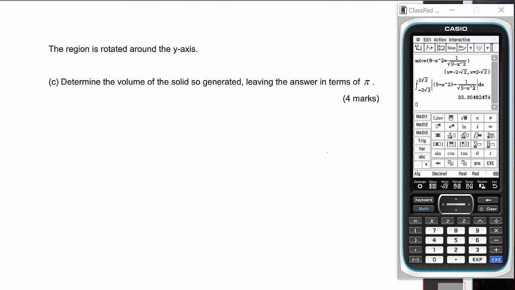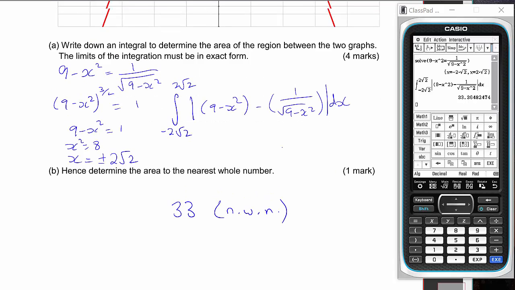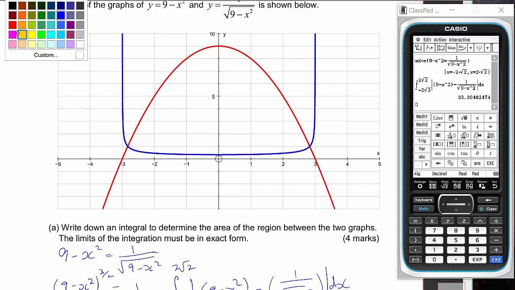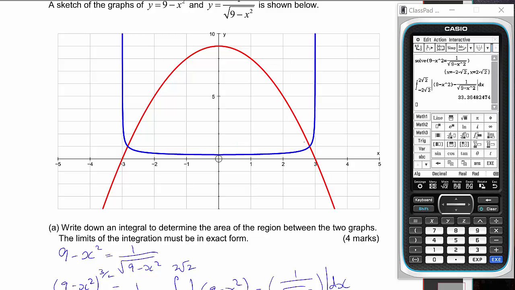So the region's going to be rotated around the y-axis, and we want to give an exact answer for this. Because of the symmetry, we only have to worry about rotating half, so we'll take this side. Going around the y-axis, it's going to be the blue curve from here downwards, and the y-coordinate there is 1.